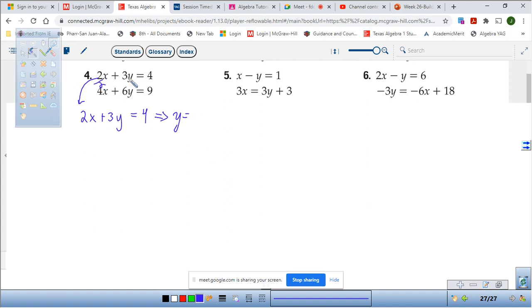Because when I divide by 2, I'll divide by 2 here, but then it won't work here. Actually, it doesn't really matter. Let's do what you want. Let's go. So minus 2x. Minus 2x. We're going to have 3y. These cancel out. Is equal to a negative 2x plus 4. Now what do I do, sister?